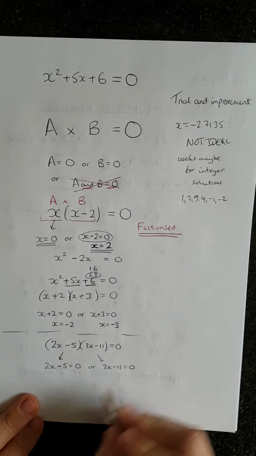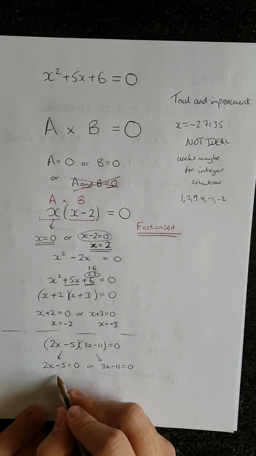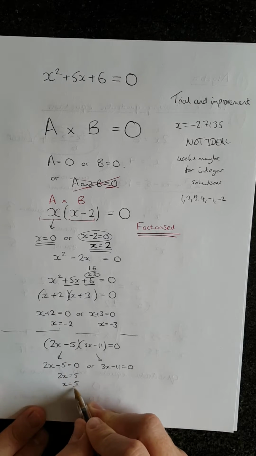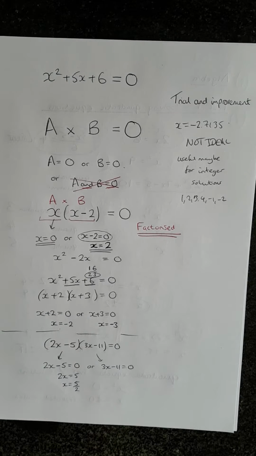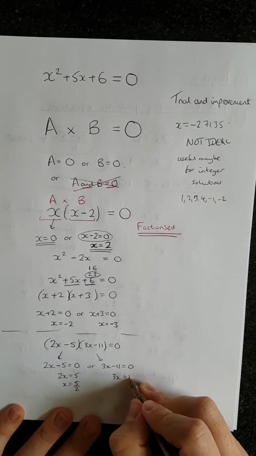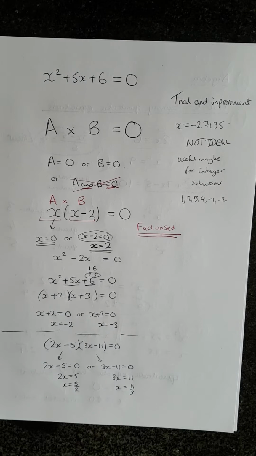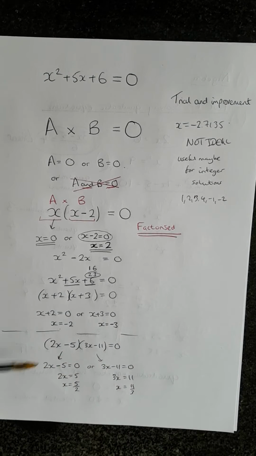And then you'd solve both of these equations. So 2x is 5 and x is 5 over 2. No need to simplify. Here you'd get 3x equals 11, so x is 11 over 3. Not quite as easy to see from the brackets.